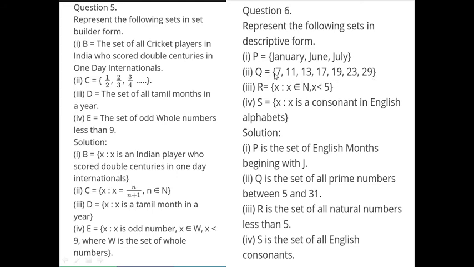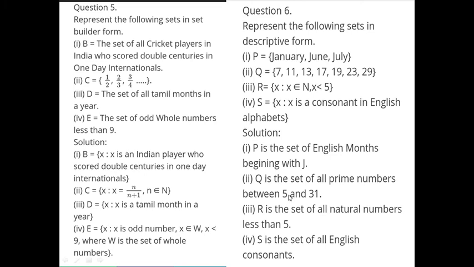Is it not? We cannot write 6 because 6 is not a prime number. So the prime numbers which are greater than 5 and less than 31. So Q is the set of all prime numbers between 5 and 31. When I say between, the upper limit and lower limit should not be included.